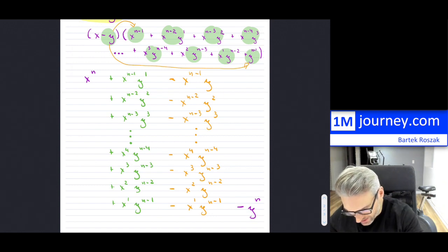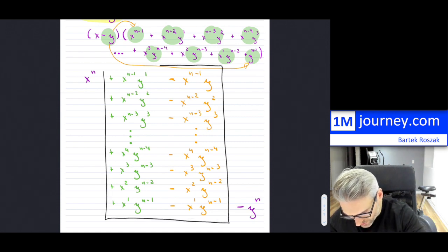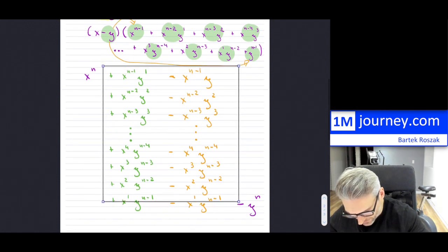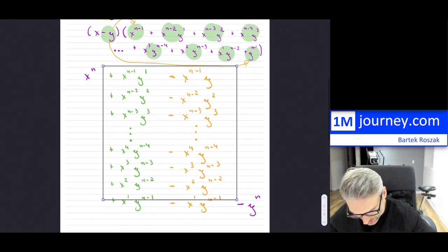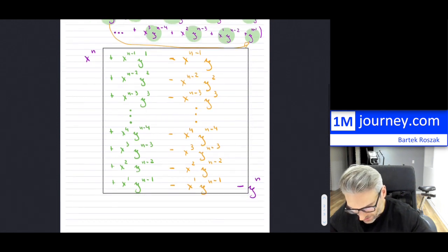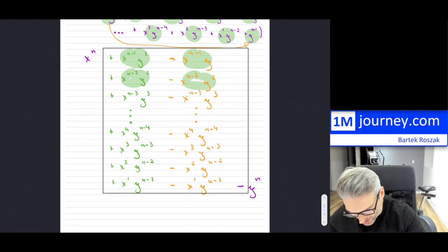And all of these pluses, all of these terms in that boxed in part, you can hopefully see very clearly will cancel. This one minus this one, gone. This one minus this one, gone.